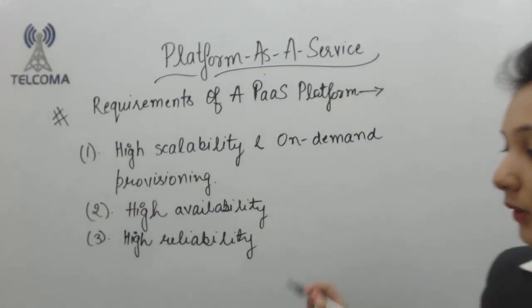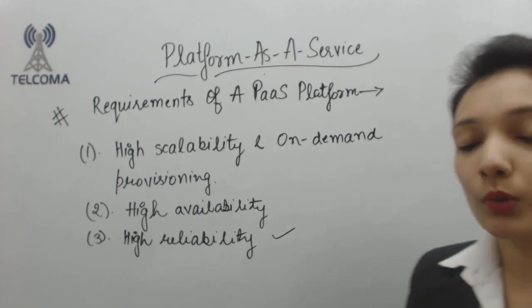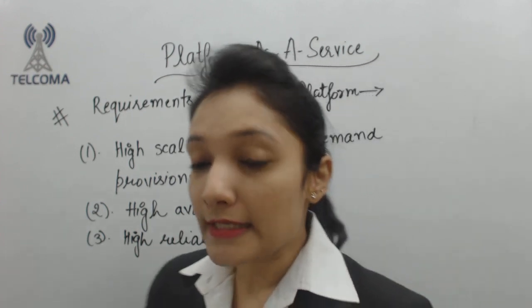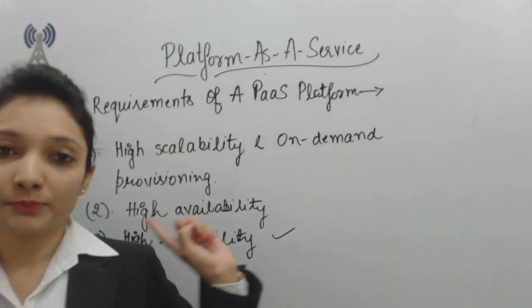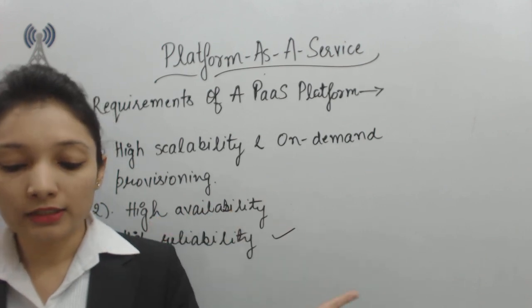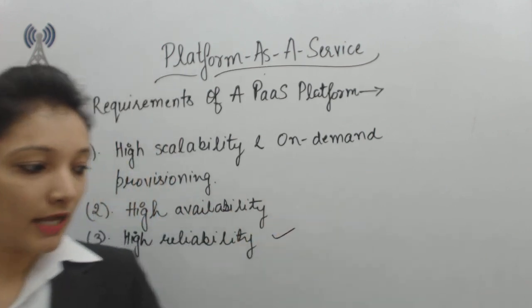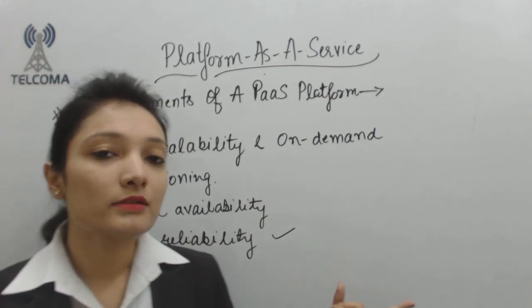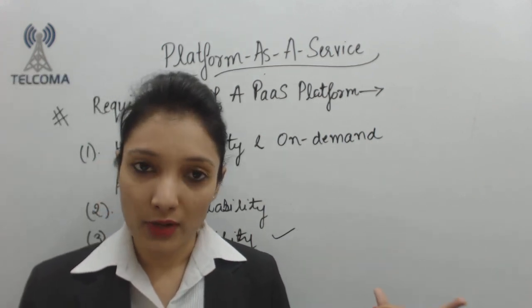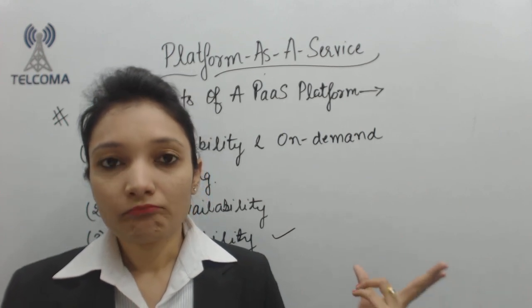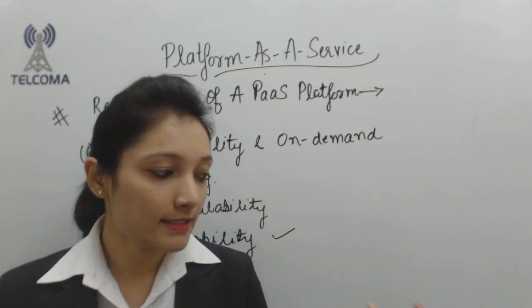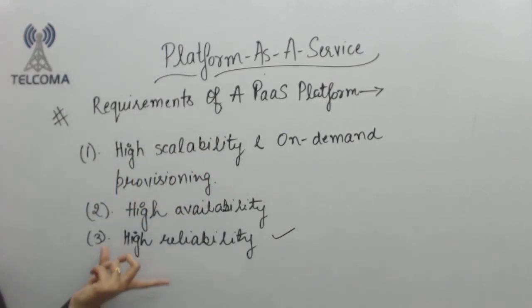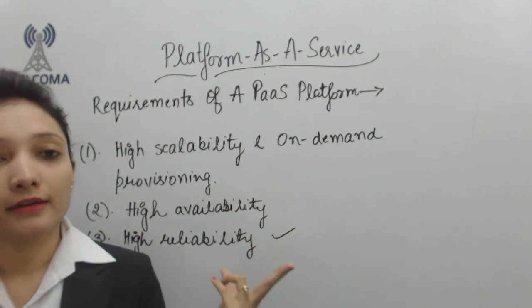That means if a request is made, the cloud will ensure that some service is always up or always running to receive that request. So that makes it the reliability of the cloud system, that whenever a certain request is made, some services are always running so that they're receiving those requests. So this is another requirement, which is the high reliability.